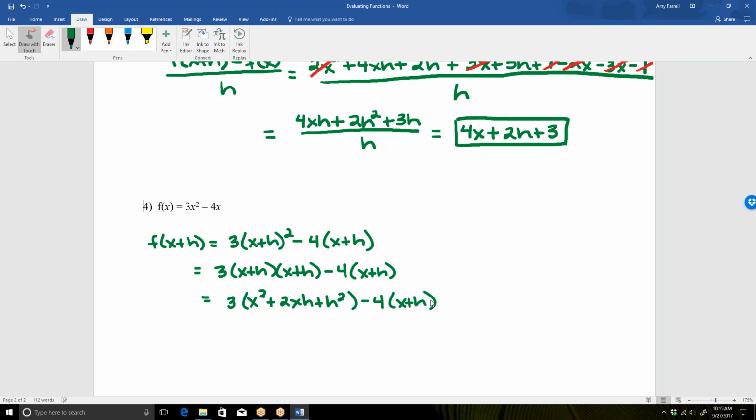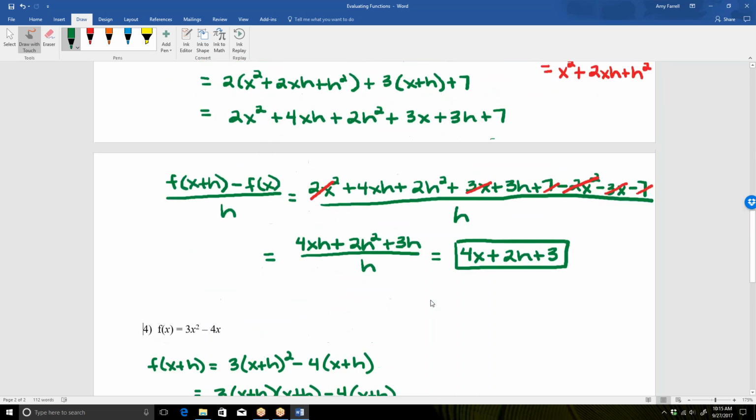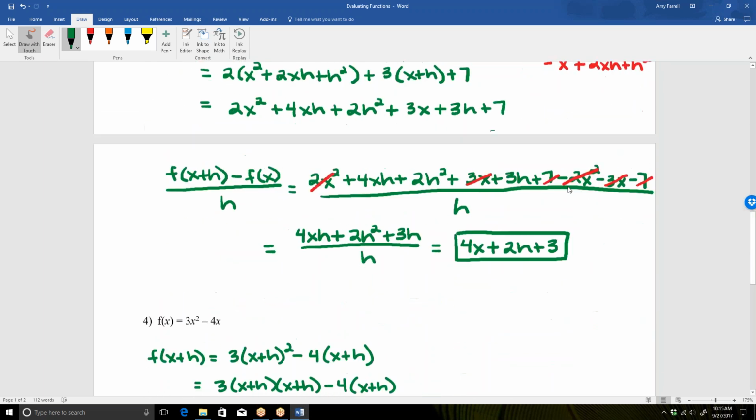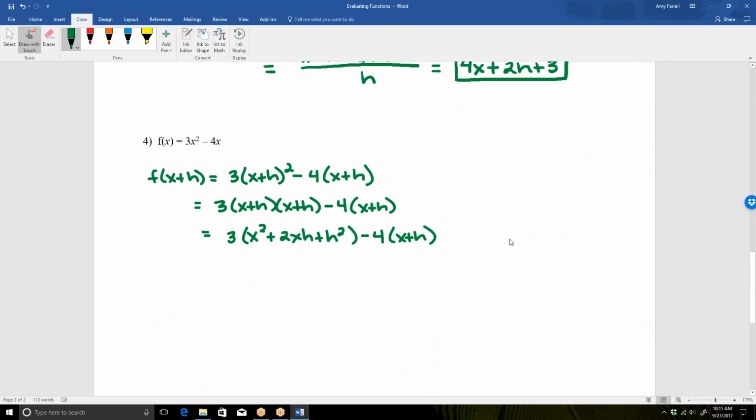So let me scroll back up for you just to show you. So I did it over here. So you can see that's not going to change. x plus h quantity squared is still the same. And then now I'm able to distribute. So I have 3x squared plus 6xh plus 3h squared minus 4x minus 4h.